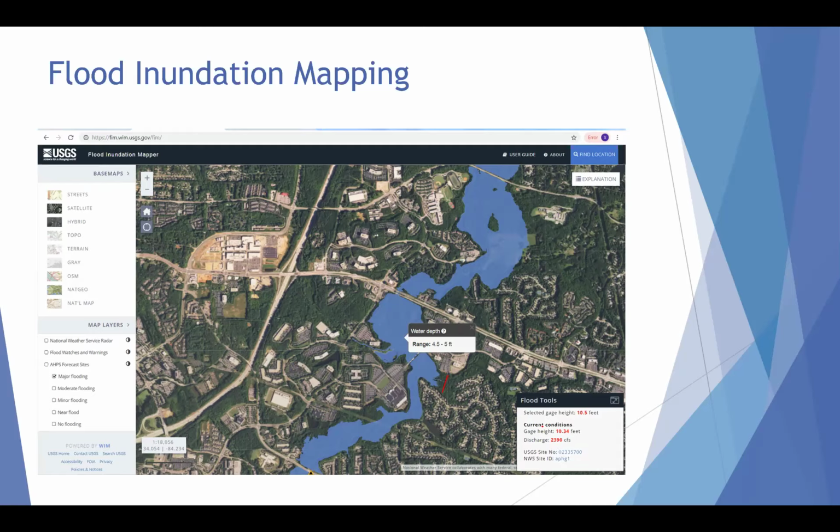This is basically a web-based platform using GIS and other flood inundation or flood simulation tools to get these results.